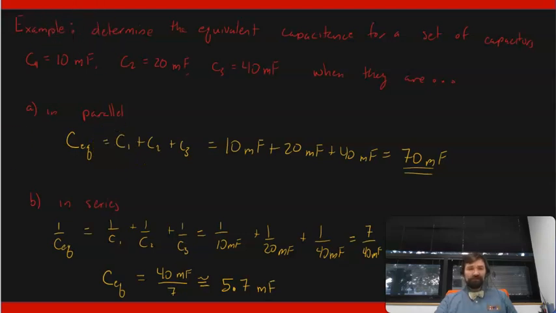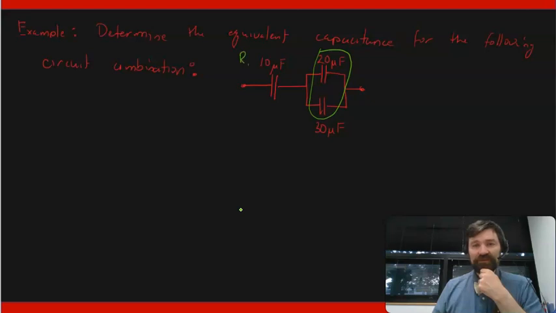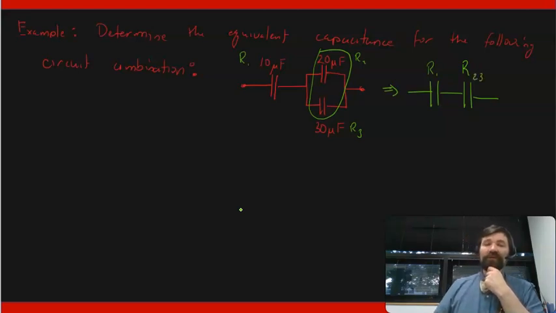All right, let's do another quick example. We now have a set of capacitors that are all in combination with each other. If you look, these two right here are in parallel. We could call these, if this is R1, if this is R2, and if this is R3, then this is equivalent to a combination that has R1 in series with another sort of baby equivalent resistor that I'm going to label R23.